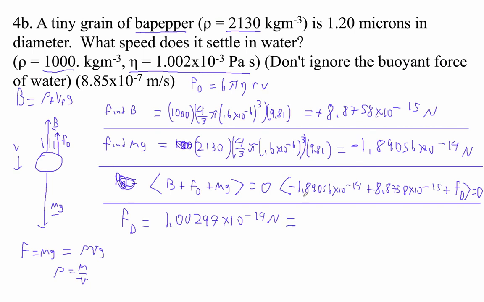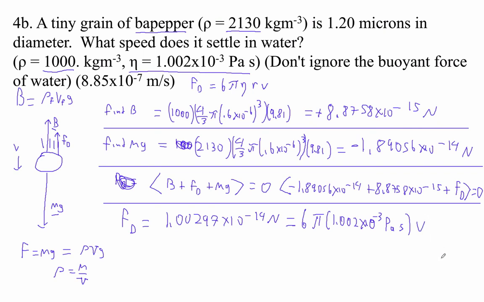So that equals 6 times pi times, what's my viscosity? 1.002 times 10 to the minus third, and that's Pascal seconds, times V, the variable.